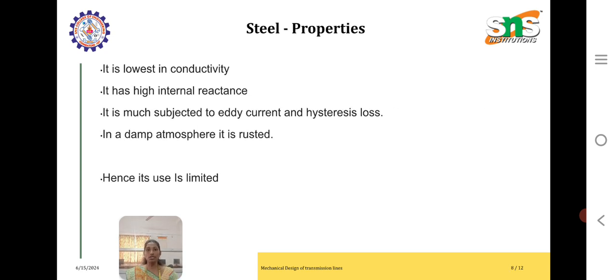Steel is lowest in conductivity, has high internal reactance, and is subjected to eddy current and hysteresis loss. In a damp atmosphere it rusts, hence its use is very limited.